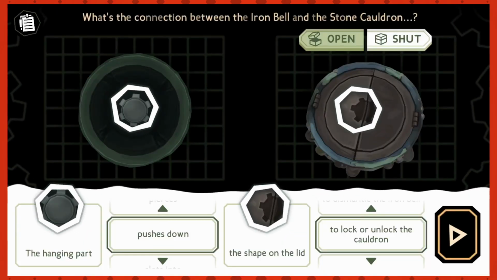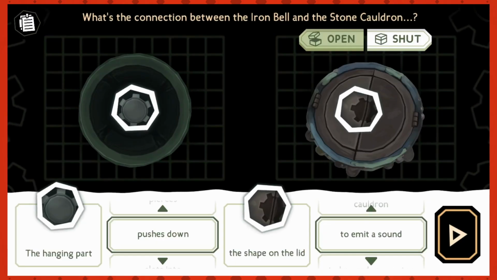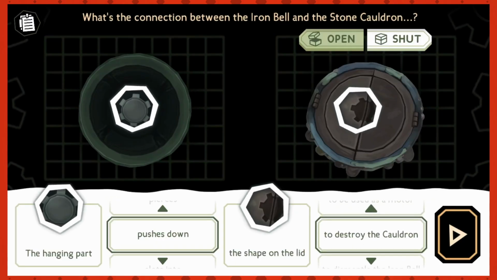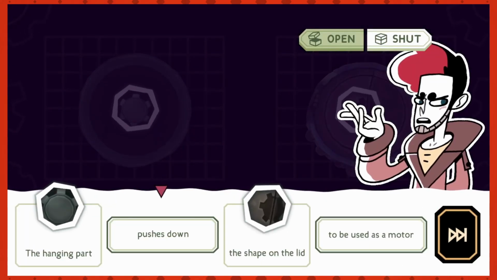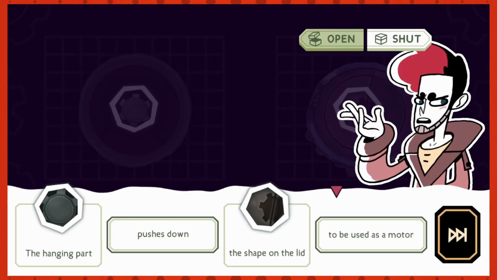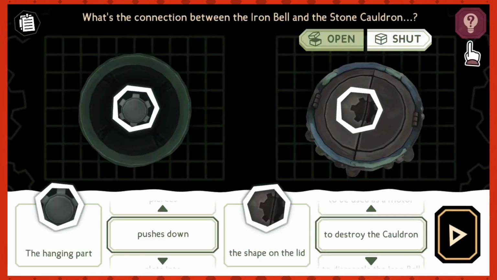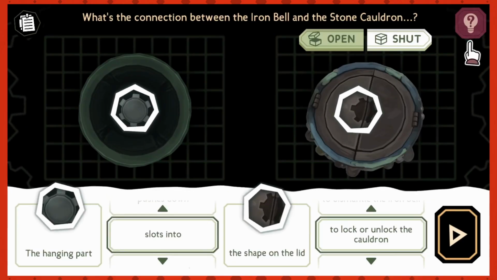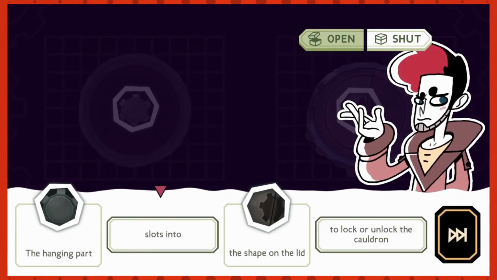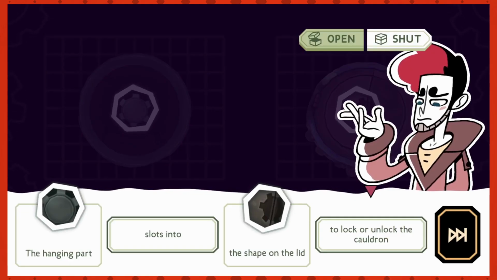Almost. Maybe just change it. To emit a sound. What's the connection between the iron bell and this cauldron? To be used as a motor. The hanging, no, that doesn't make sense. But the shape on the lid to be used as a motor. That's not right. To destroy the cauldron, to dismantle the iron bell, to lock or unlock the cauldron. Slots into. There we go. The hanging part slots into the shape on the lid to lock or unlock the cauldron.